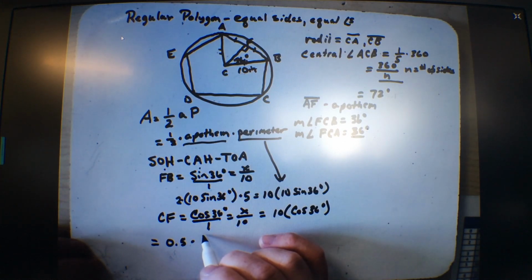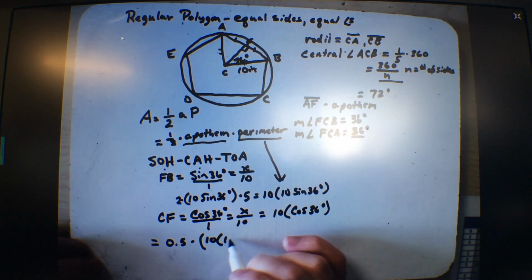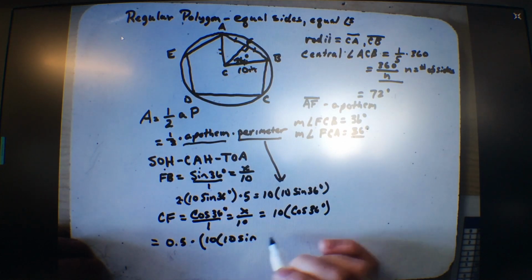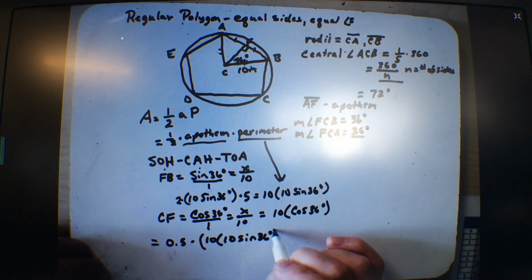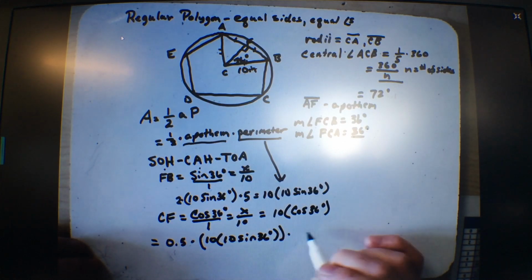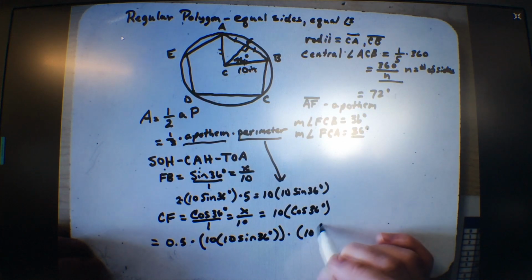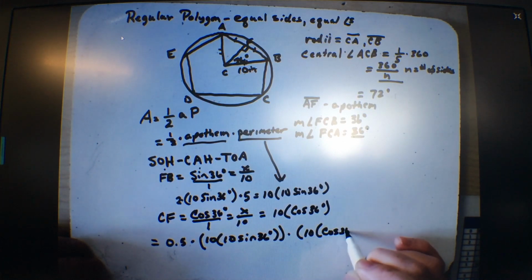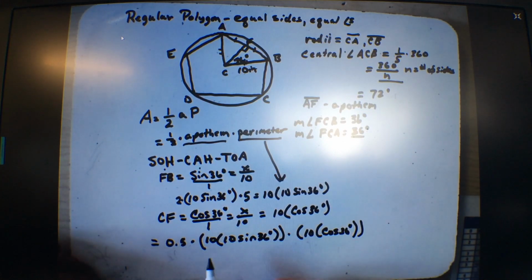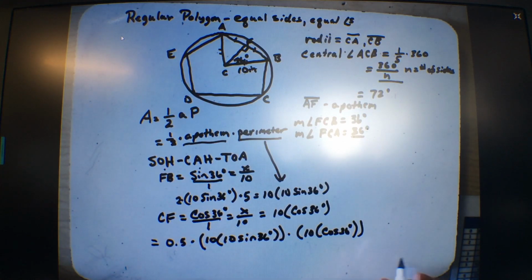I'm going to put parentheses, 10, parentheses, 10, sine, parentheses, times, parentheses, 10, parentheses, cosine 36 degrees. I like parentheses because I know they work. I think maybe you wouldn't need all those parentheses. I think you just multiply it straight across and you'd be fine, okay? So if somebody would multiply it straight across, I can tell you what the answer is.